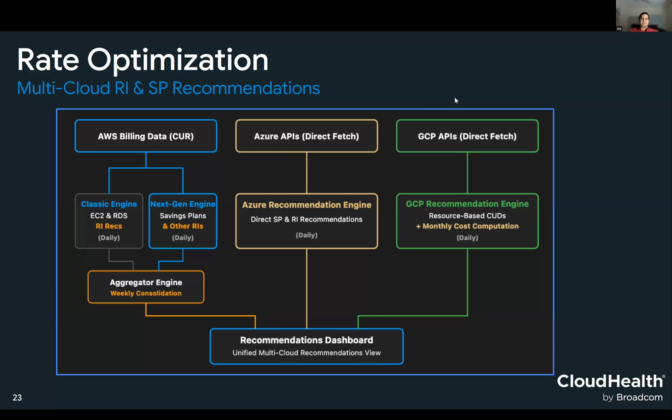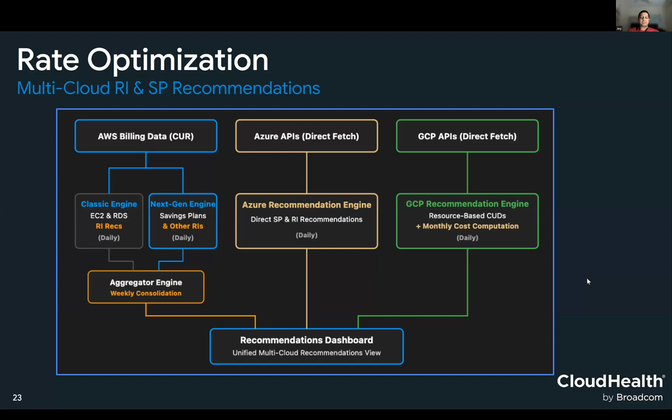So let's start with the multi-cloud RI and SP recommendations. For AWS, we ingest the transformed cost and usage report artifact. For Azure and GCP, we query native cloud recommendation APIs. Once we ingest this data, it flows into cloud-specific engines that run on a daily basis. AWS splits into two parts.